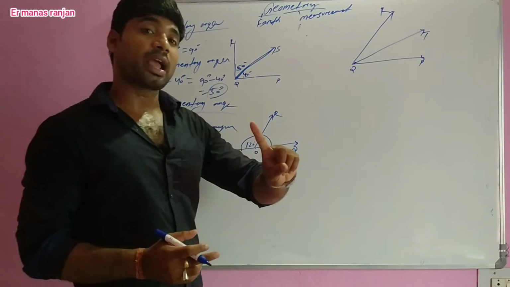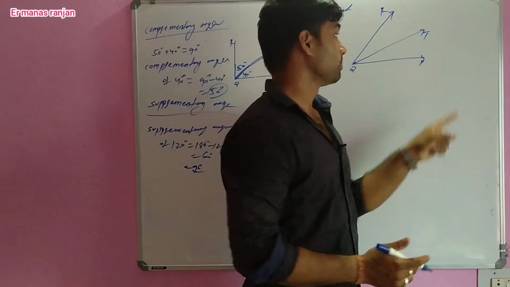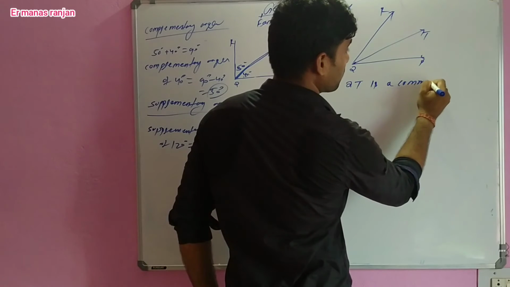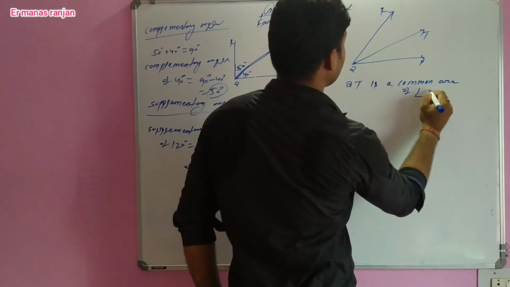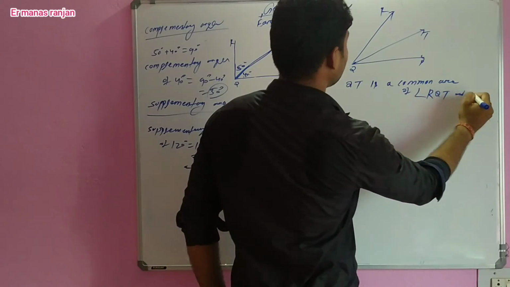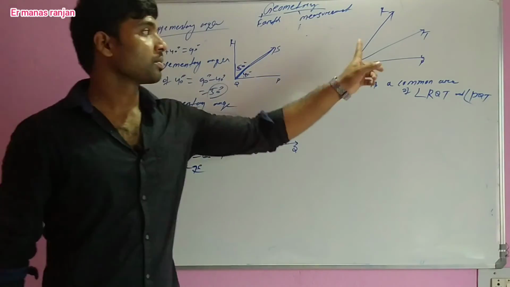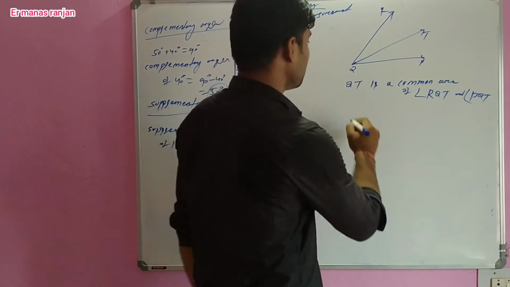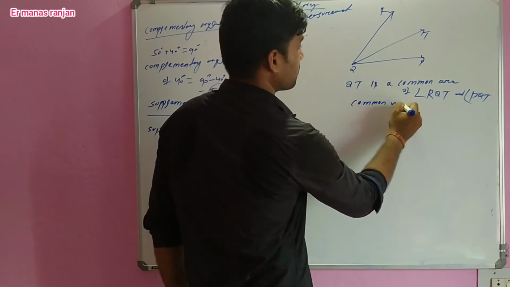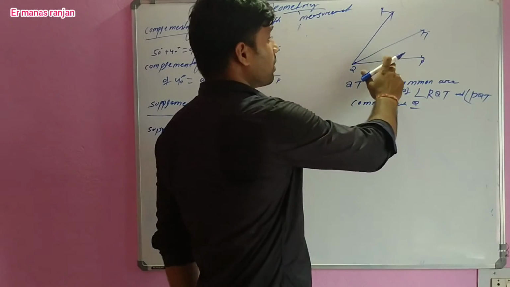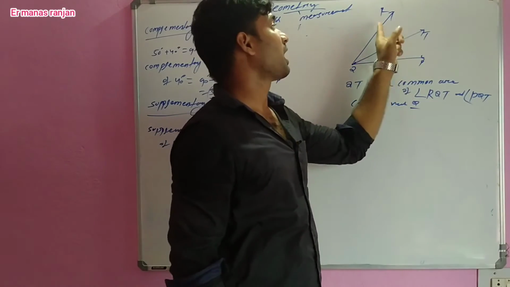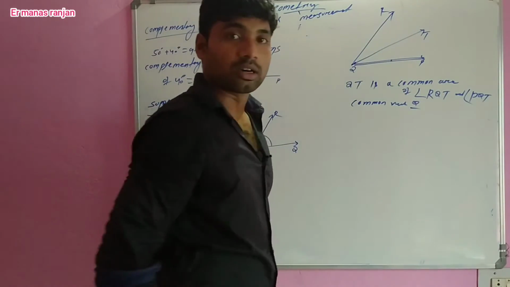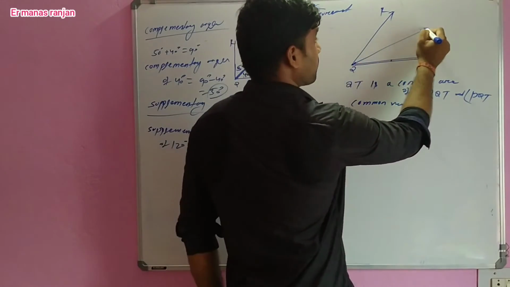How? If the two angles have a common arm. QT is a common arm of angles RQT and PQT, and the common vertex is Q. The non-common arms are on either side of the common arm: QP and QR are non-common arms, and they have only the common arm QT.